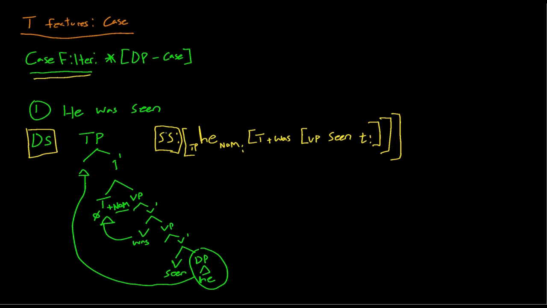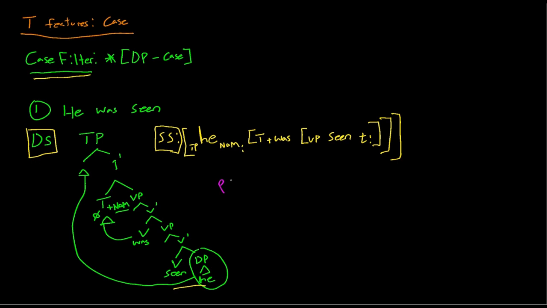So we have to have this level of surface structure if we are to maintain the uniformity of theta assignment as well as the case filter. Now, this sort of analysis, while it's empirically adequate, rests on two assumptions that we're going to challenge presently.